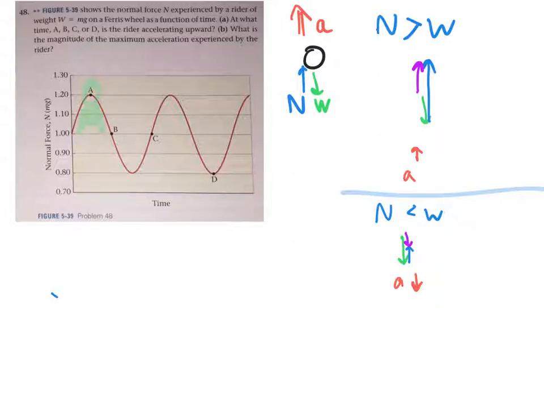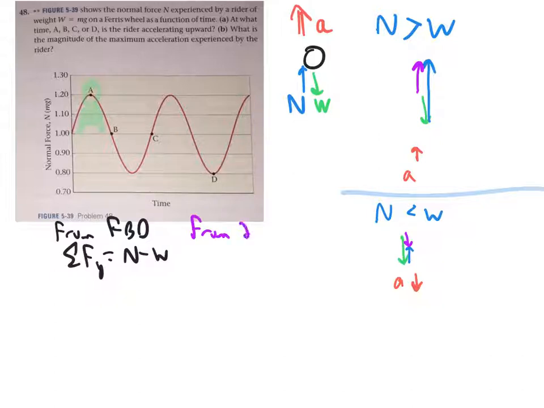Well, that clearly occurs at A, and now we are going to have to do a little bit of the formalism. We're going to have to say, well, from our diagram, the net force is N minus W, and from the second law, the net force is M times A. This will be maximized when the net force is maximized.